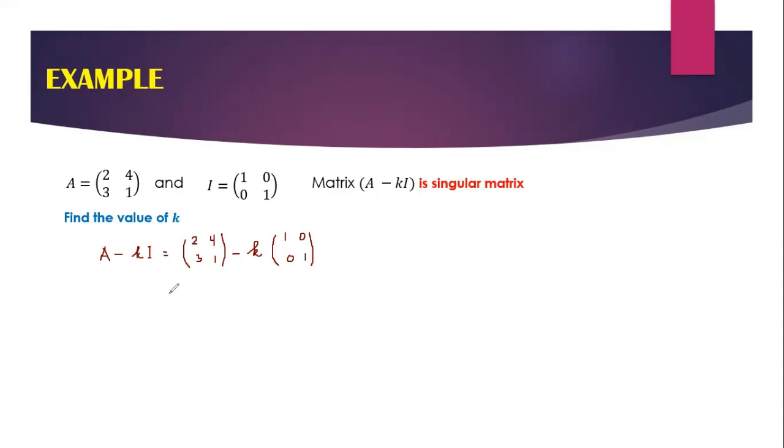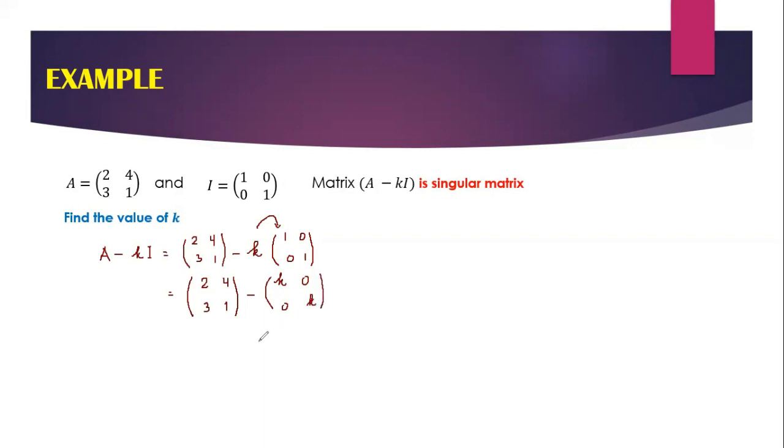And then we continue: equals the matrix 2, 4, 3, 1, and then this is the scalar, you have to multiply inside, minus the matrix k times 1 is k, k times 0 is 0, k times 0 is 0, k times 1 is k.